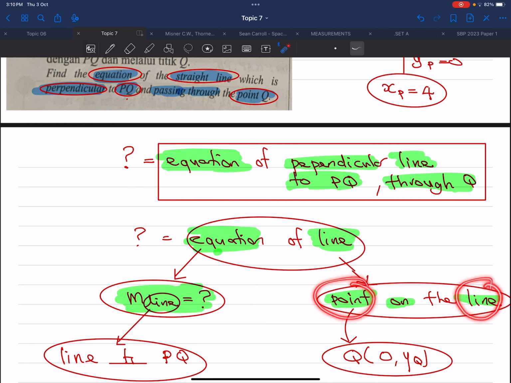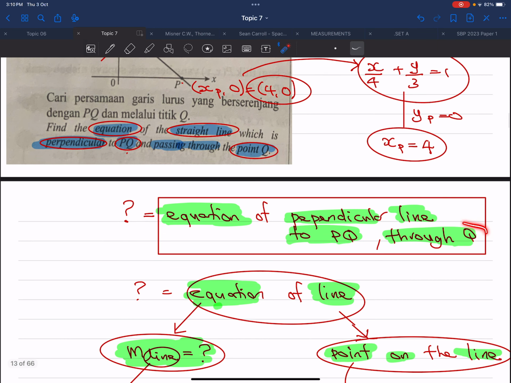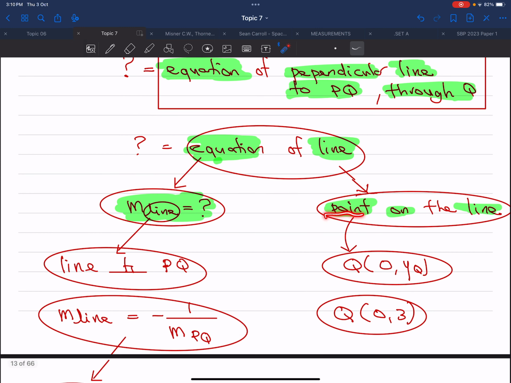In this question, the point on the line is of course point Q, because we want the line going through Q, where yq we got earlier as 3. So one part is settled.